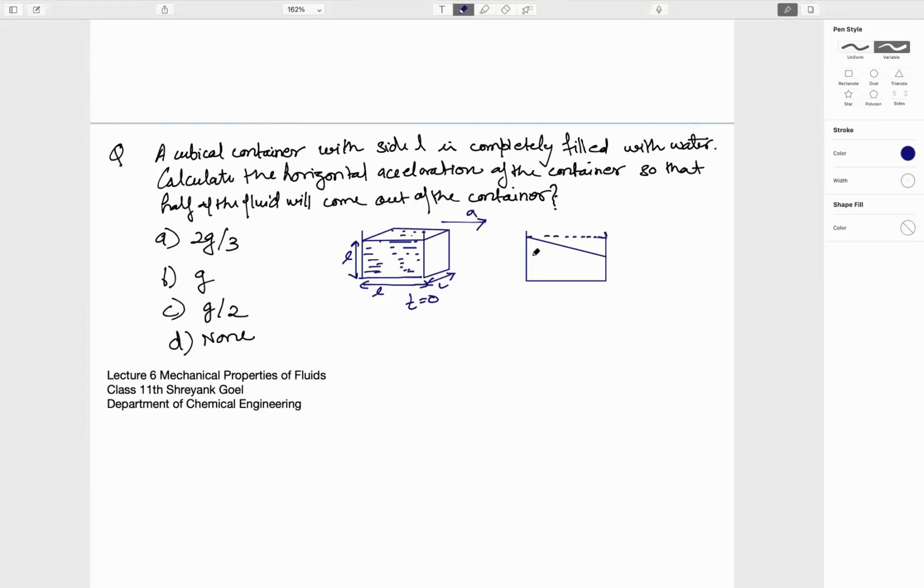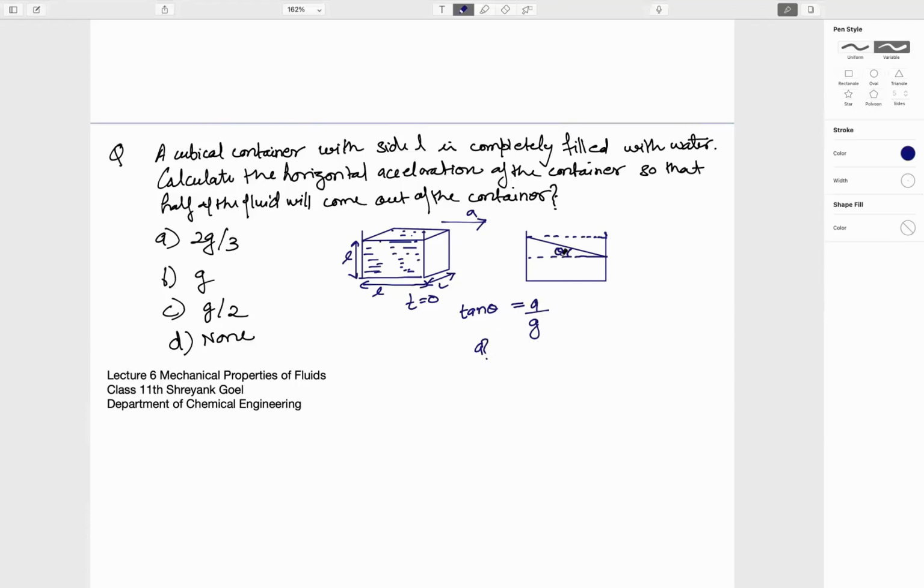Okay. So we need to find out the angle of this, because tan theta is nothing but a by g, and we need to find what a is.